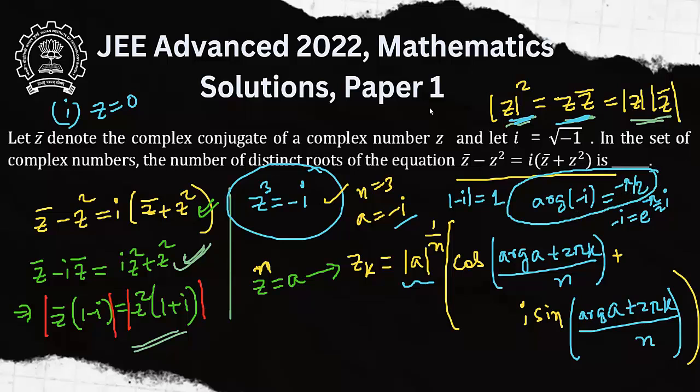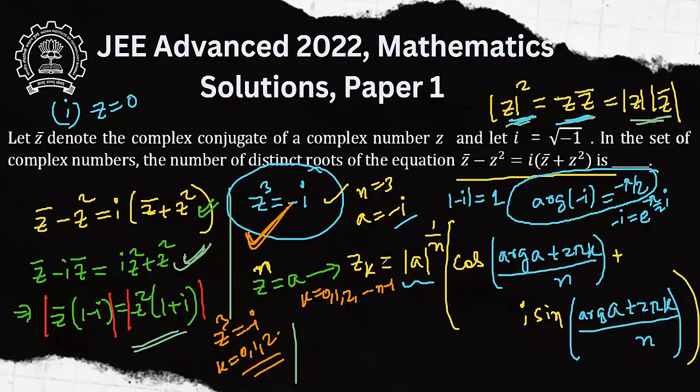So the solution can be written for k equal to 0, 1, 2 up to n minus 1. Here n is equal to 3, Z cube is equal to minus I, so k is equal to 0, 1 and 2.